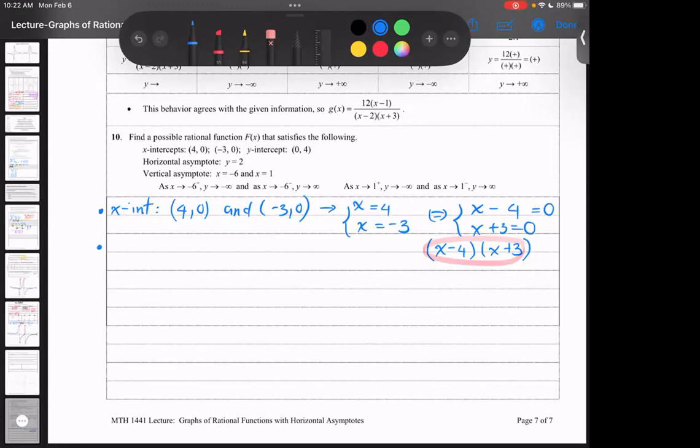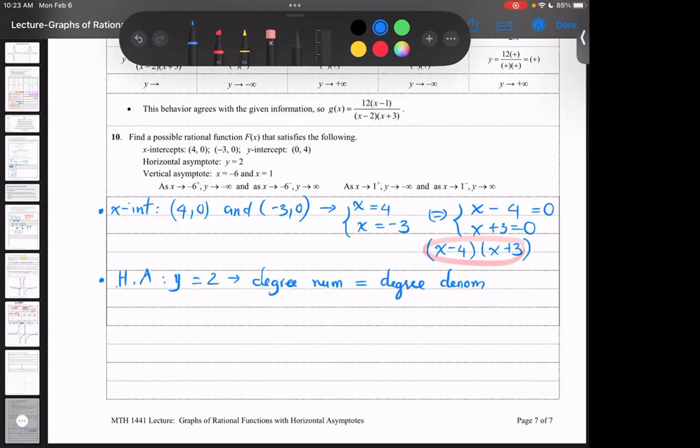So you say because the HA, which is y equals 2, this implies the degree of the numerator is equal to the degree of the denominator. So on the top you have x squared, on the bottom you should have x squared too.